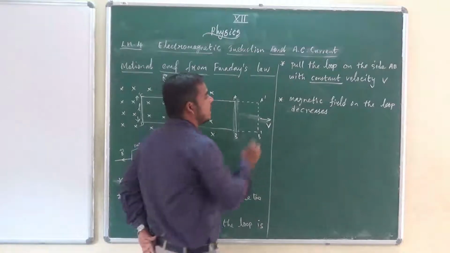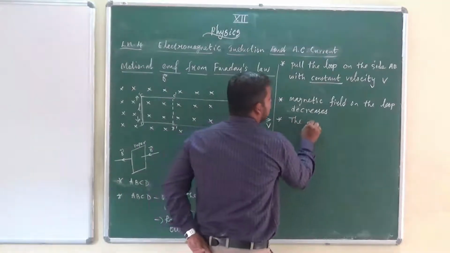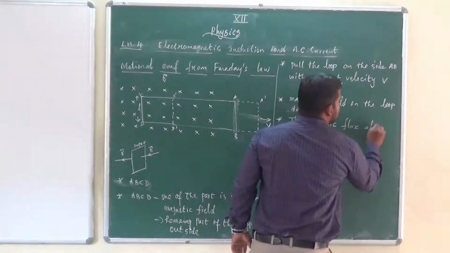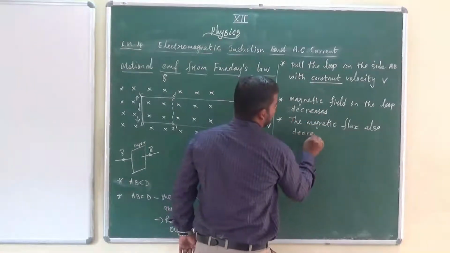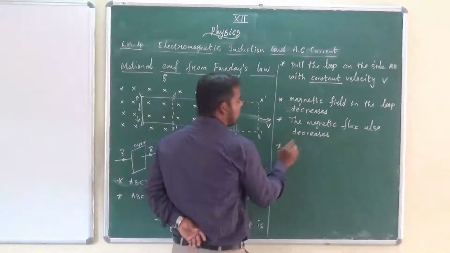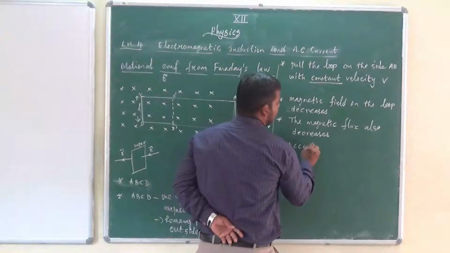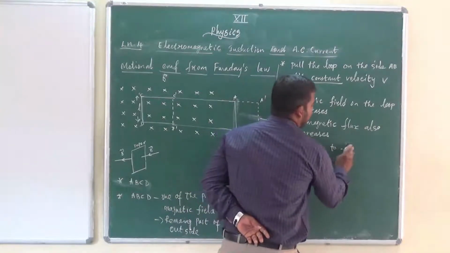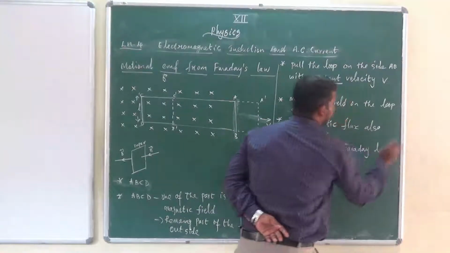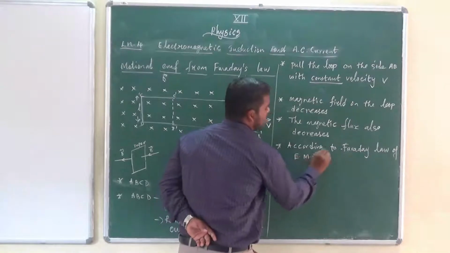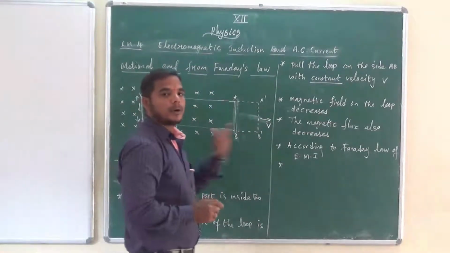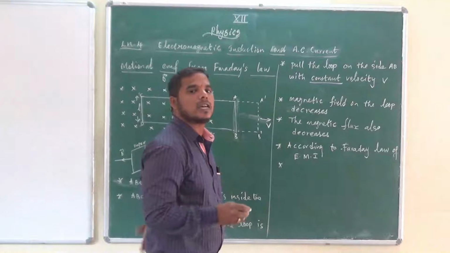So the magnetic field on the loop decreases, which means the magnetic flux also decreases. According to Faraday's law of electromagnetic induction, a changing magnetic flux linked with a closed loop produces what? Induced current.